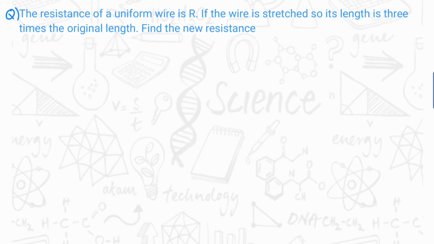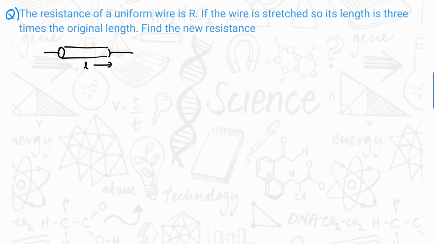Let's move on to a question. Here, the resistance of a uniform wire is R. If the wire is stretched, so its length is 3 times the original length, find the new resistance. For this, let's draw a diagram.